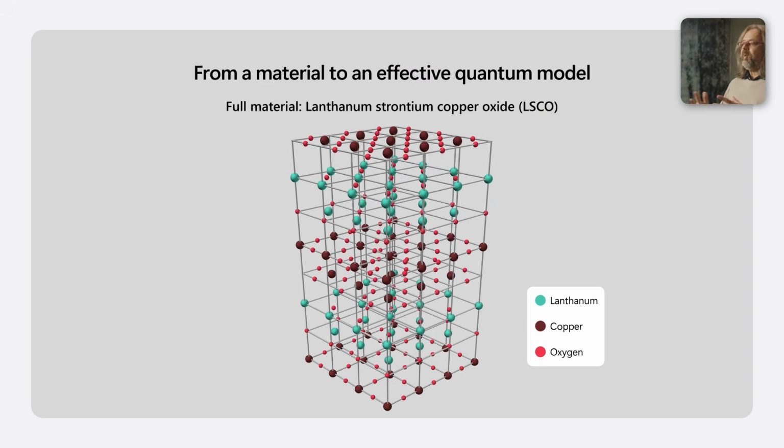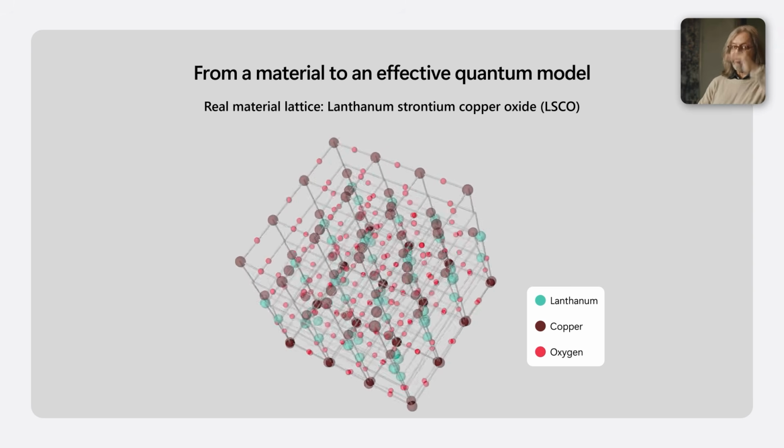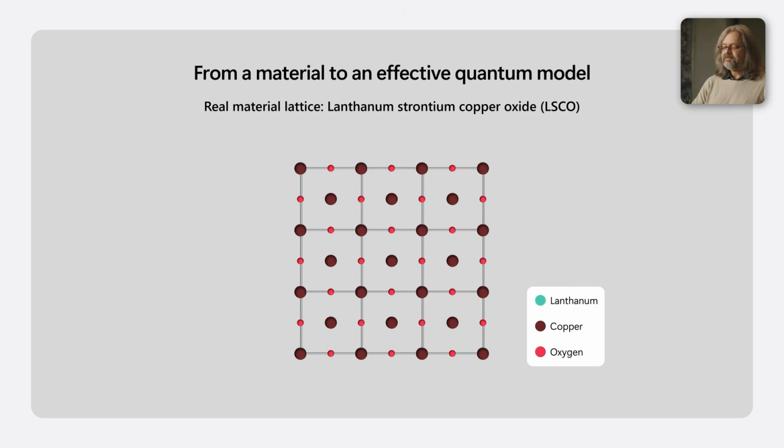For example, when looking at the high-temperature superconductors like lanthanum, strontium, copper oxide, they consist of copper oxide planes. And the first step is to say, let's look at a single plane instead of the 3D stack of them.